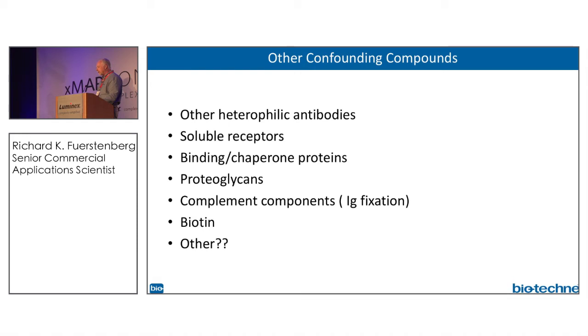This is really my last slide, but there are other confounding compounds other than heterophilic antibodies or binding partners. There are binding chaperone proteins. Proteoglycans can have a great effect on certain analytes you're trying to measure. Some of them bind specifically to things like heparin. Complement components, believe it or not, are really designed to fix IgG.